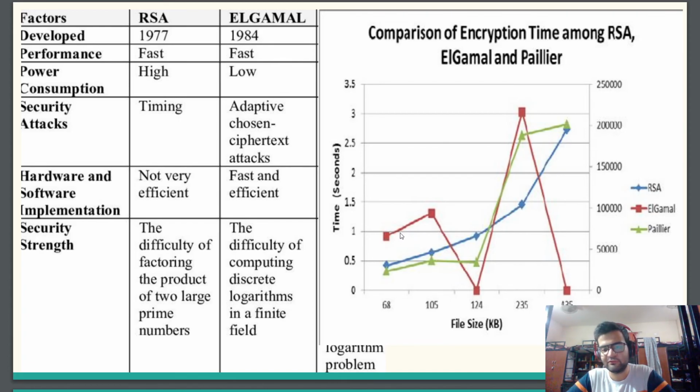We can see in the red line, which is ElGamal, first it increases, then it drastically comes down, and then it increases again as the file size increases, but then again it comes down. Whereas in RSA, it increases, then also increases, and it keeps on increasing as the file size increases.